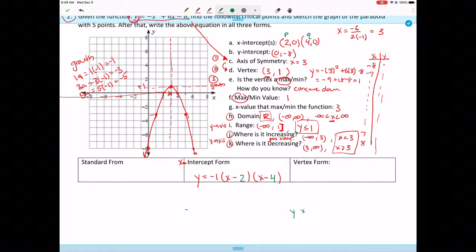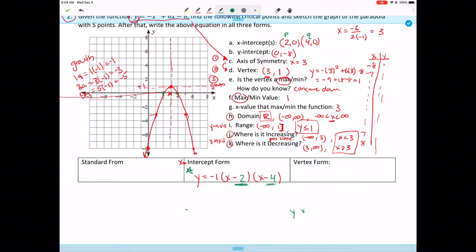But if you have it in intercept form, like this, and you just wanted to go straight and do the graph, you just have to memorize that, okay, this is a -2, and here it's a +2. This is a -4, and this is a +4, okay?